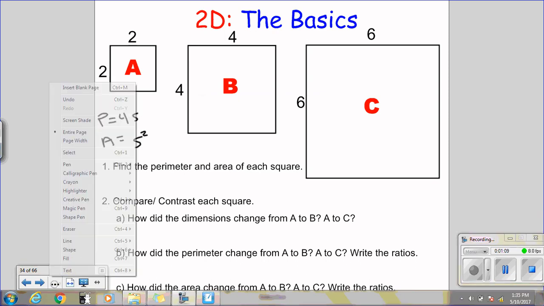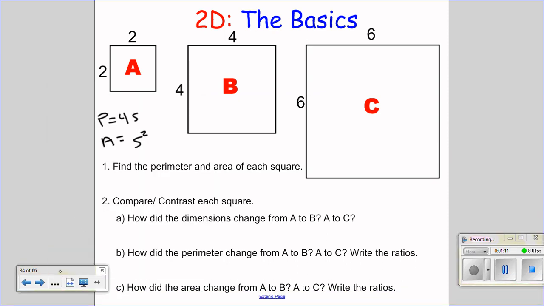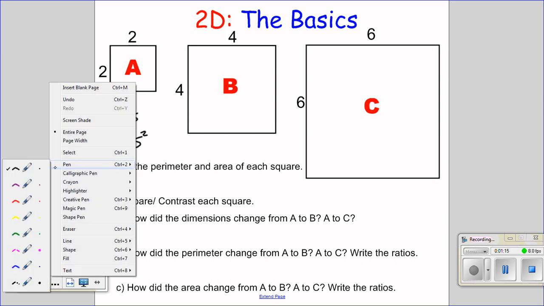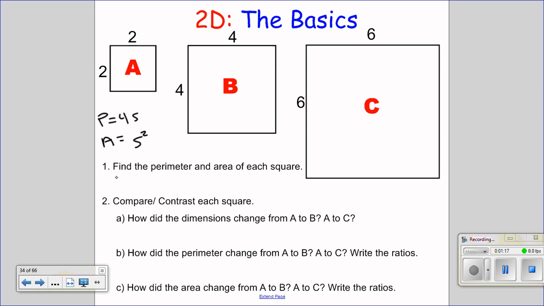The perimeter for A is 4 times 2, so that is 8. The area for A is 2 squared, which is 4.